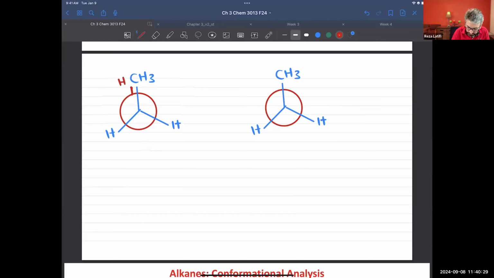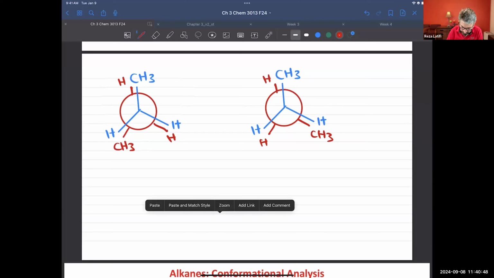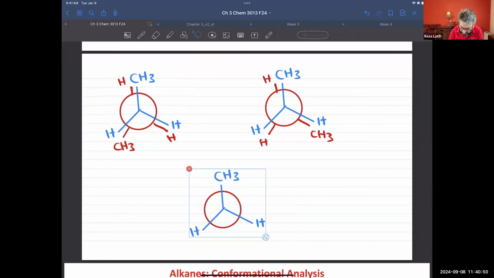Then I have, for example, CH3 here, and then H. That's one. I can have CH3 here and hydrogen there, and on the top I can also have hydrogen. And the last one, I can have CH3 facing CH3, and hydrogens facing hydrogens.